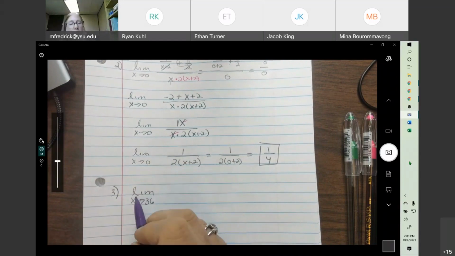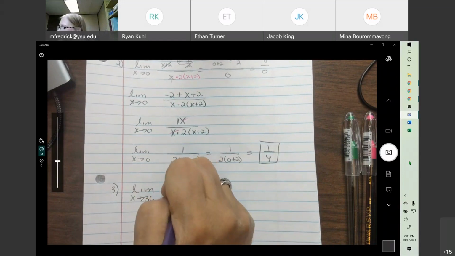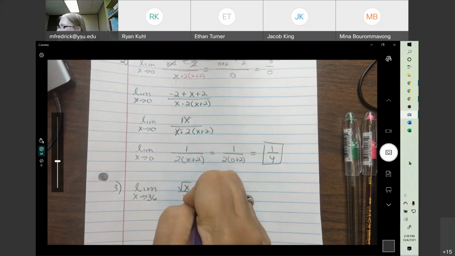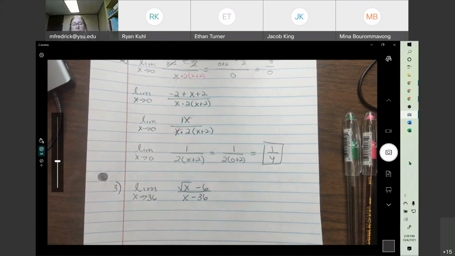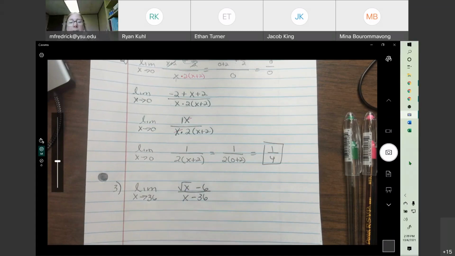So if we take the limit as x approaches 36 of the square root of x minus 6 over x minus 36. First thing, plug it in, see what happens.